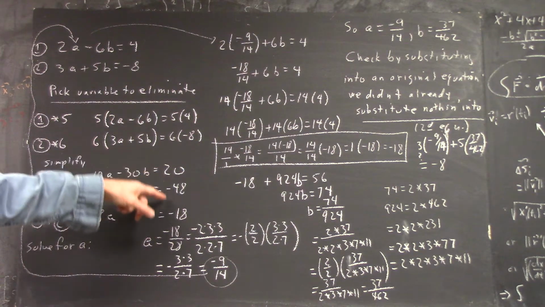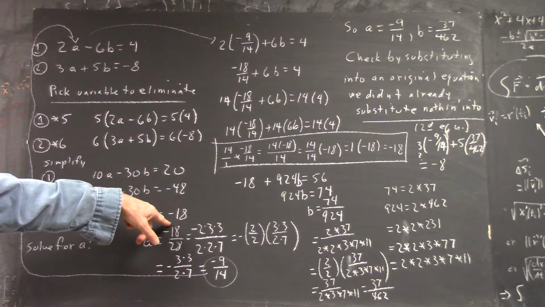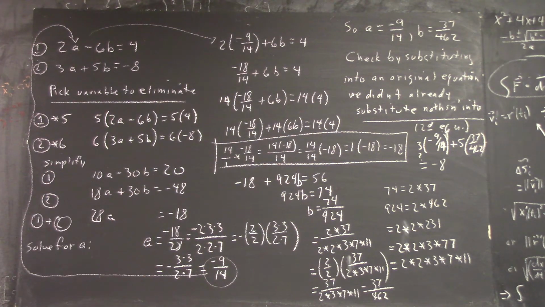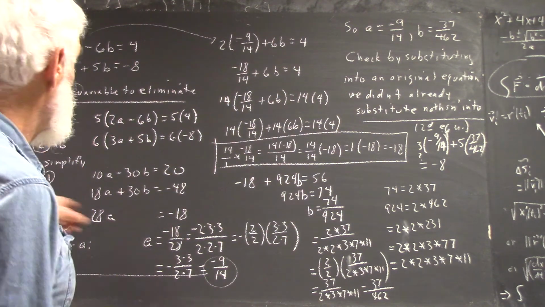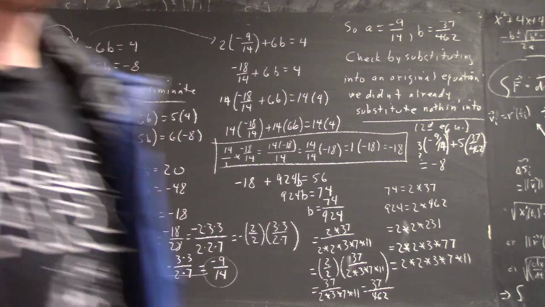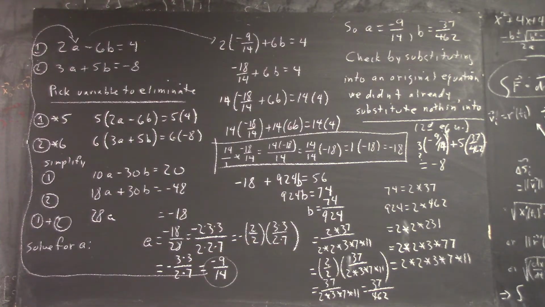Oh, 20 minus 48 is negative 28, isn't it? Not negative 18. Okay? So that's the problem. But go back and change that to negative 28, then a is just going to be negative 1, and then your numbers are going to come out a lot neater, right?